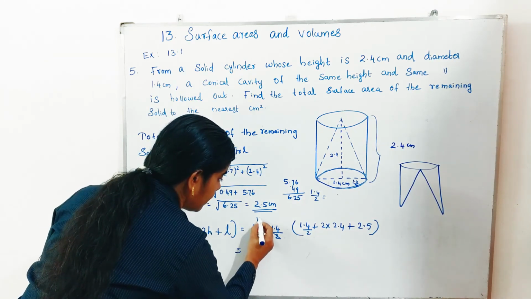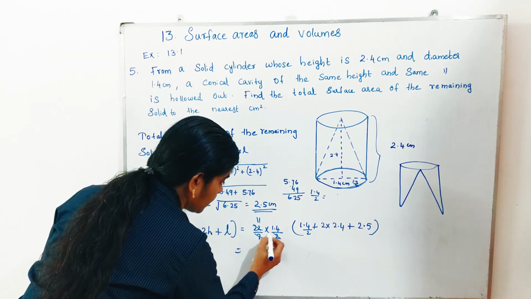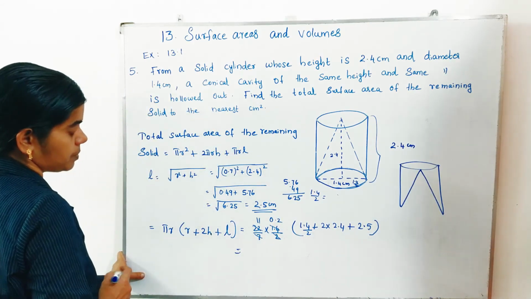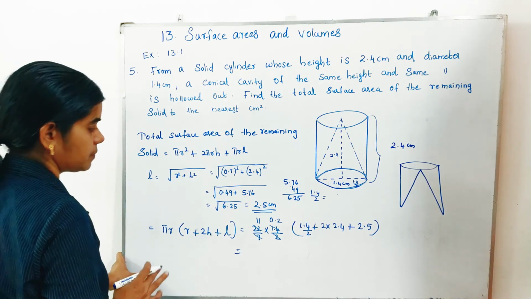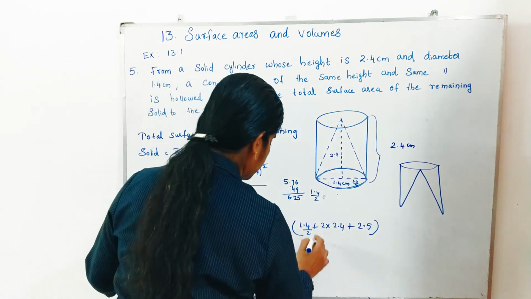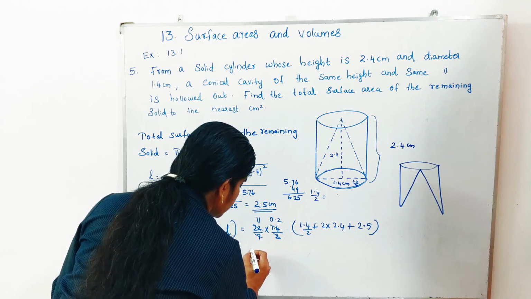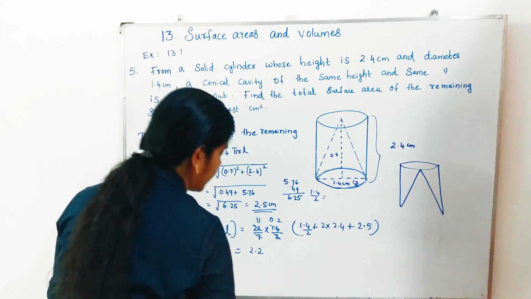Thus we will get 11 by 7 into 1.4 by 2, which is 0.2. Then 11 into 0.2, 2.2 you will get.